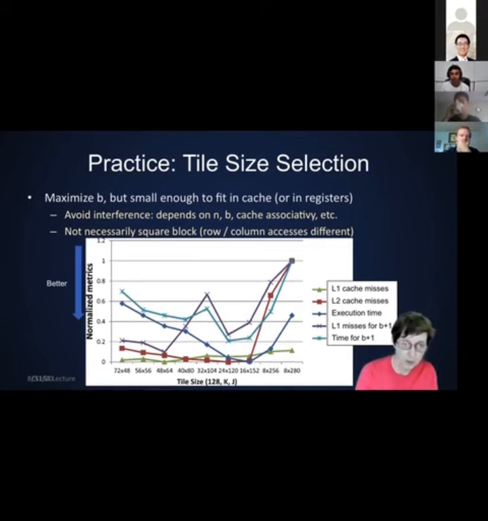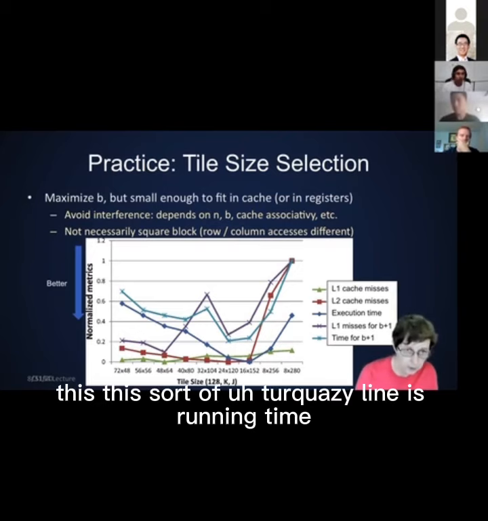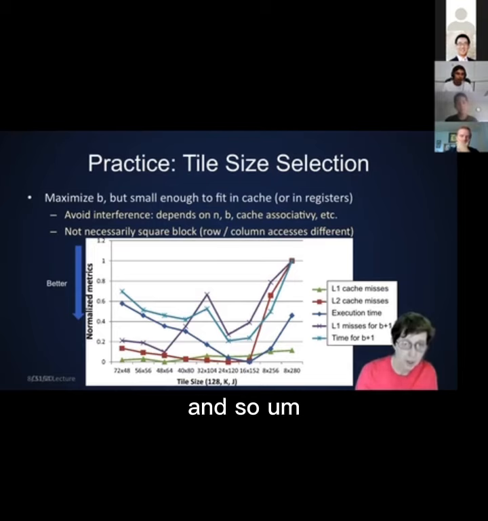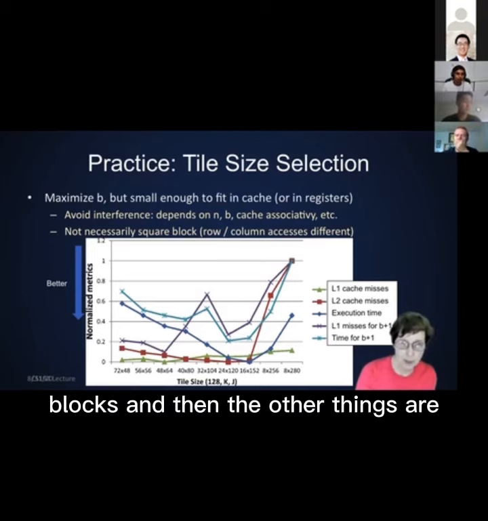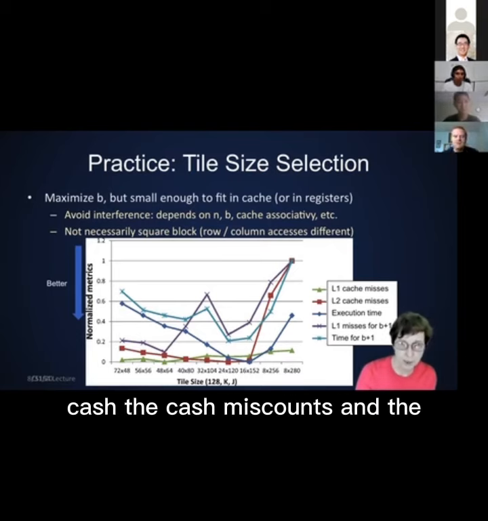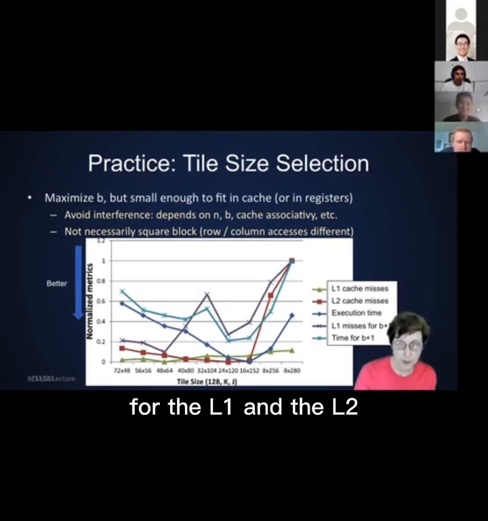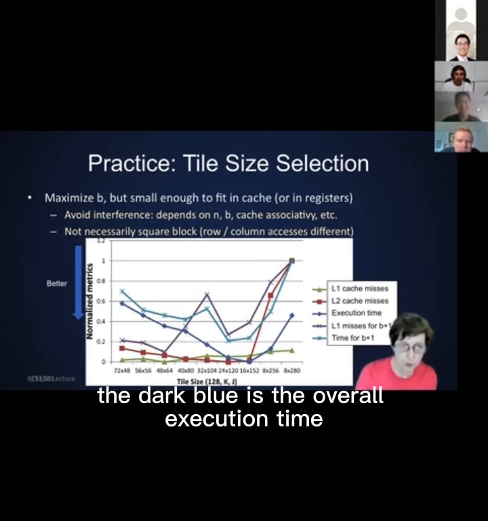So this turquoise line is running time, and the other things are cache miss counts for the L1 and the L2, and the dark blue is the overall execution time.